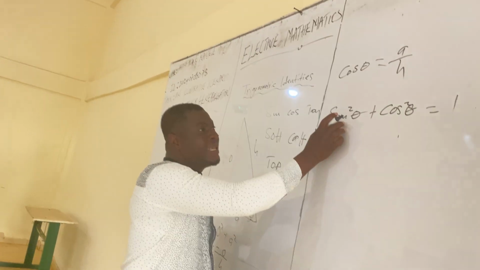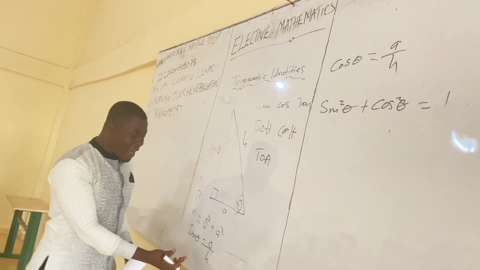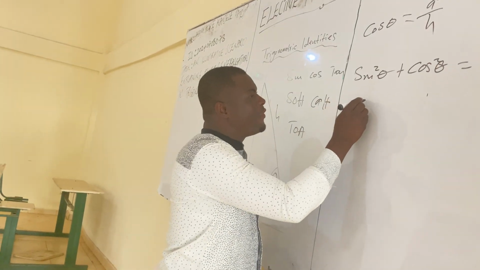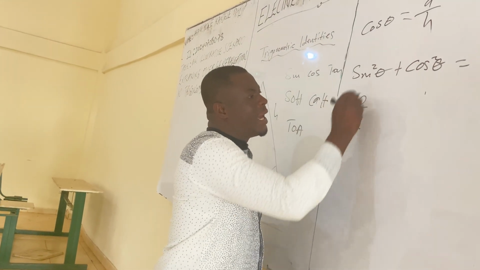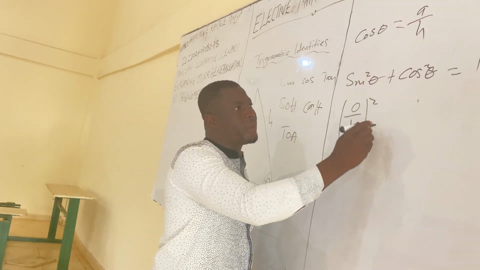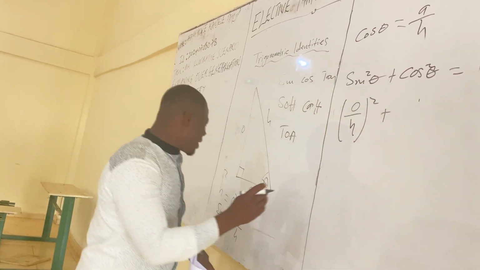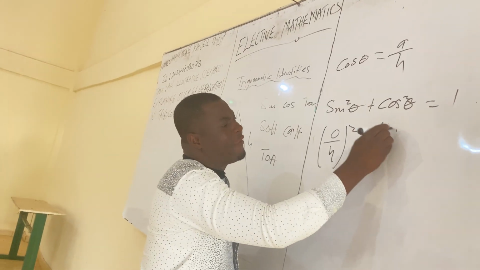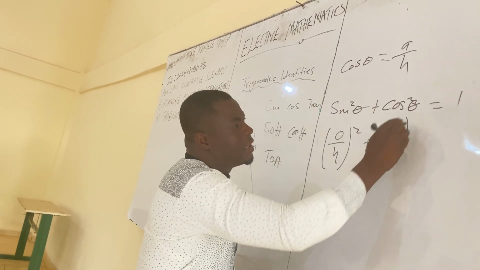So sine, which we all agree is opposite over hypotenuse, so we have O over H, squared, plus cos, which is adjacent over hypotenuse, so we have A over H squared.